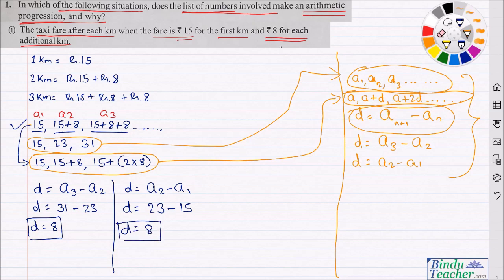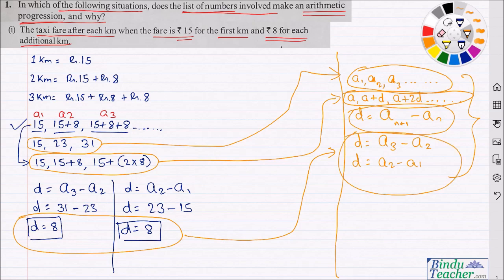So as you can see, we got the same answer. Now, given all this, we can see the list of numbers that we have here is an arithmetic progression. So with this, we can conclude that in this situation, the list of numbers involved make an arithmetic progression.